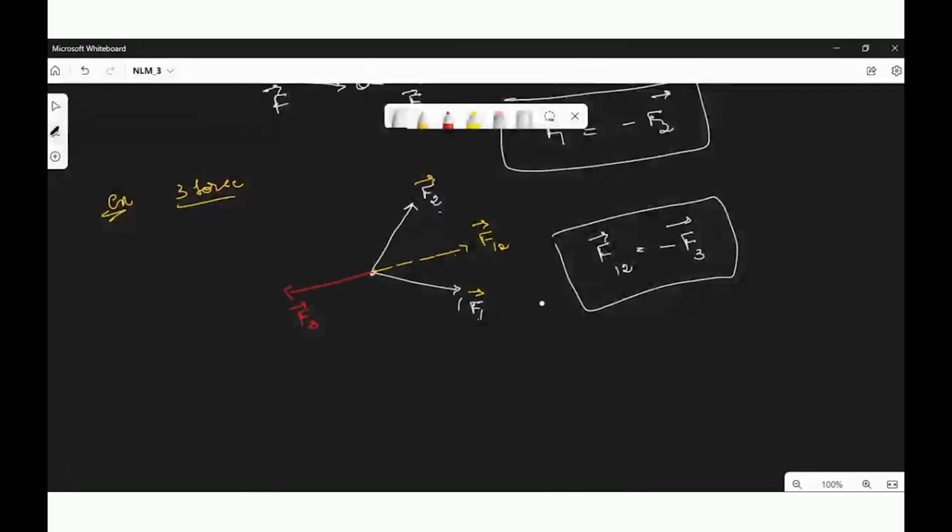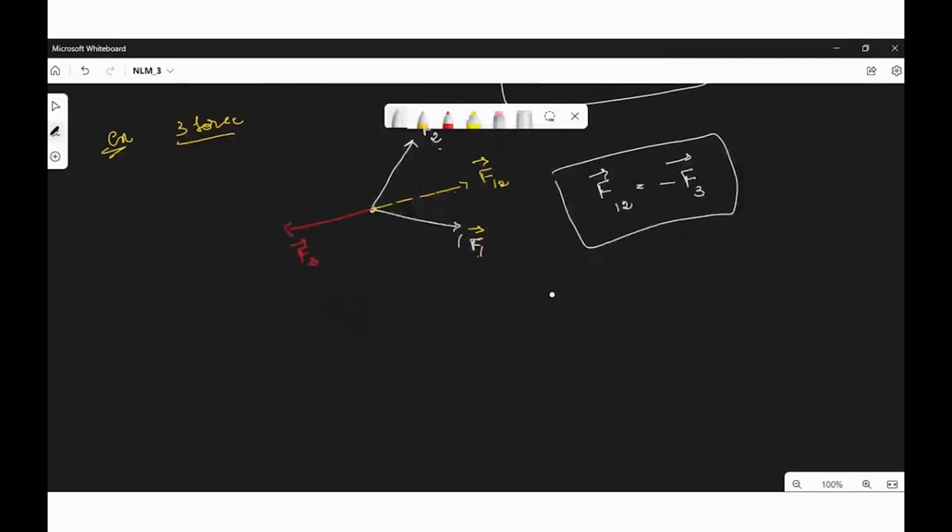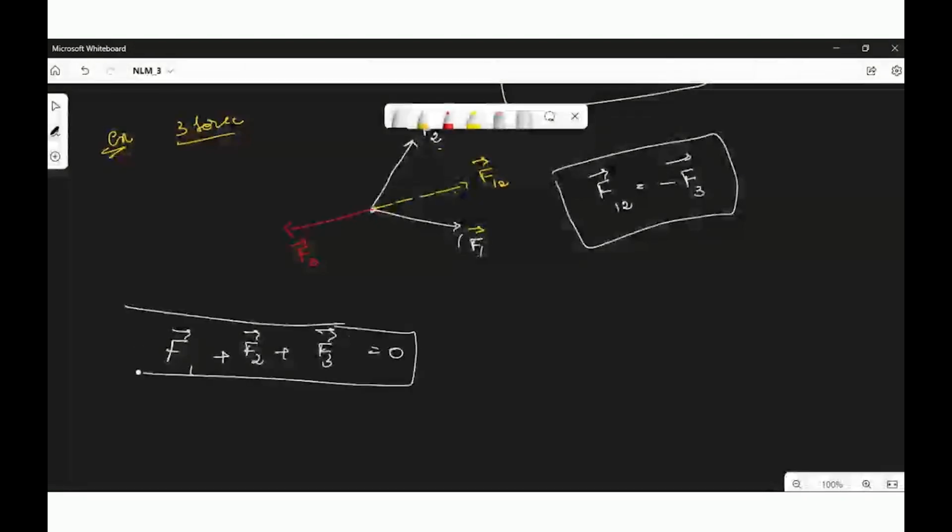In vector notation, F1 vector plus F2 vector plus F3 vector should be 0. The vector sum of all the forces should be 0.